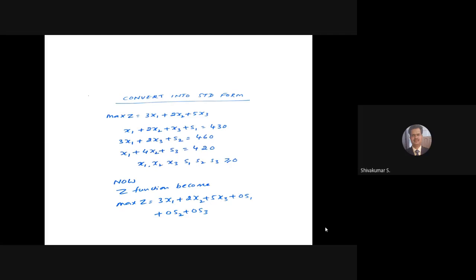And these are the three equations: x1 plus 2x2 plus x3 plus s1 is equal to 430. 3x1 plus 2x3 plus s2 is equal to 460. x1 plus 4x2 plus s3 is equal to 420. And x1, x2, x3, s1, s2, s3 should always be greater than or equal to 0. This is converting into standard form.